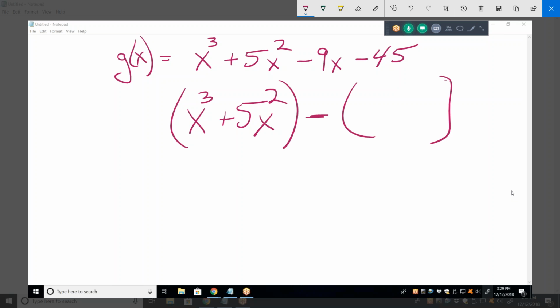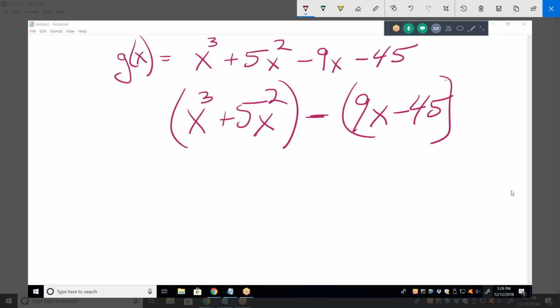Negative x minus 45, or actually, doesn't it flip? Well, never mind. That happens after. The most important thing is make sure that it's exactly the same. You cannot change it. So what has to go in the parentheses so that it's exactly the same as what we started with? 9x minus 45.